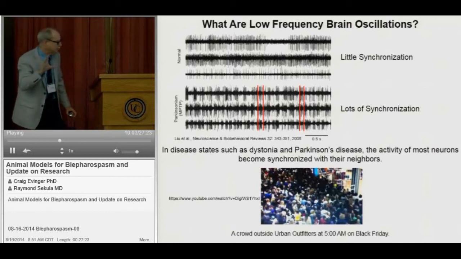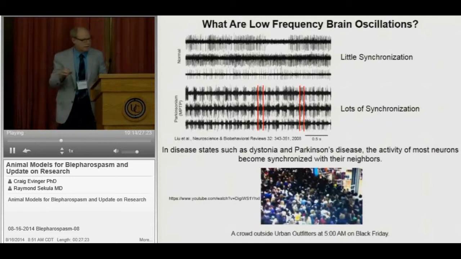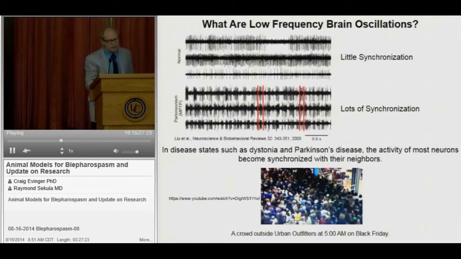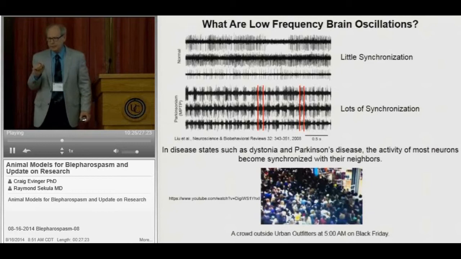Okay? Now, these bursts turn out to be synchronized among the neurons. So instead, like up here, neurons really weren't doing that much with each other. Now, in disease states such as Parkinson's disease and dystonia and blepharospasm, a lot of the neurons start synchronizing with their neighbors. Synchronization can be a very bad thing.